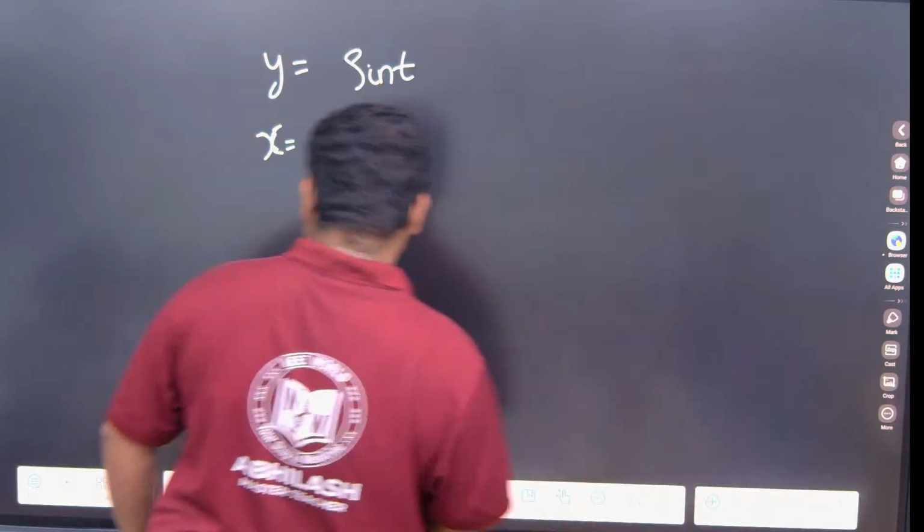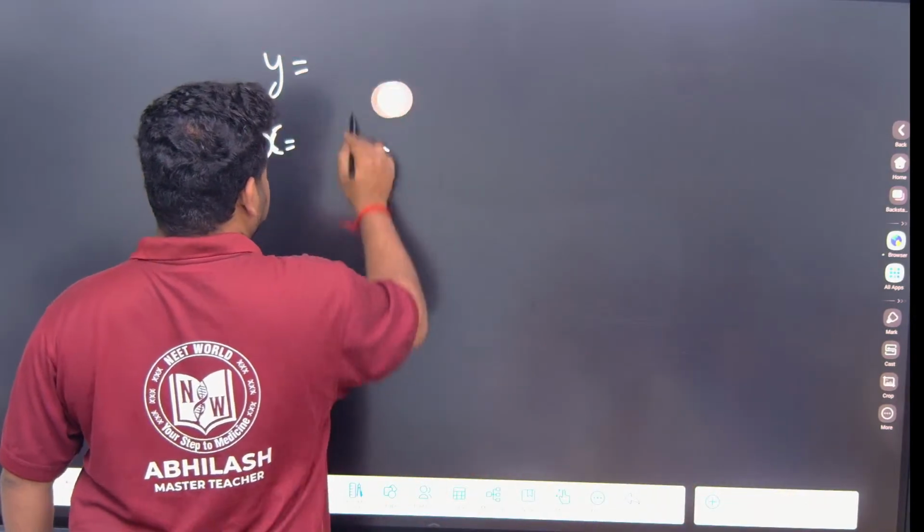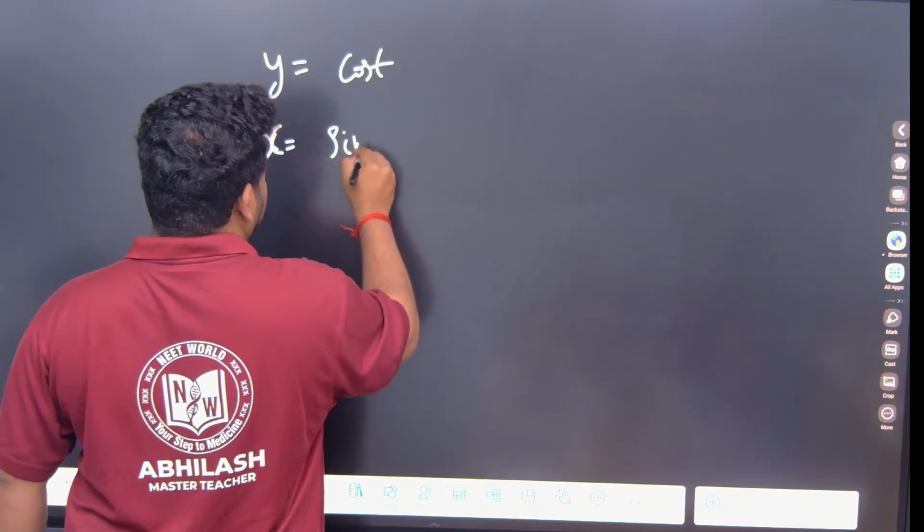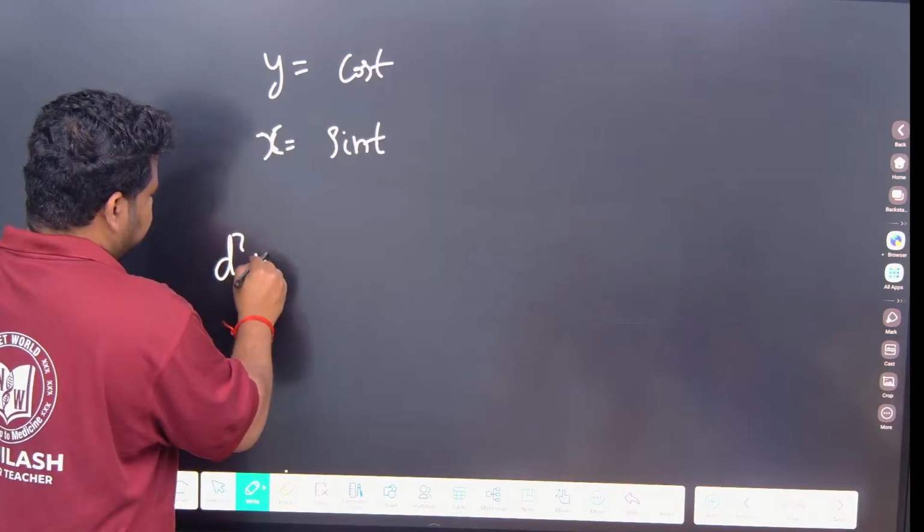Same function, so take it reverse, cos t, sin t. I am asking you to find d square y by dx square.